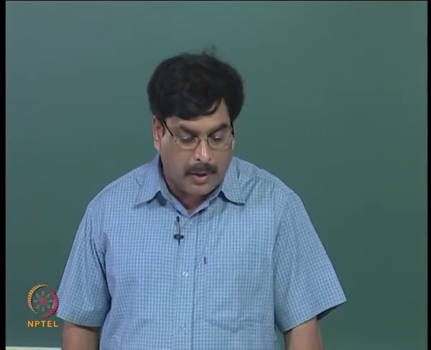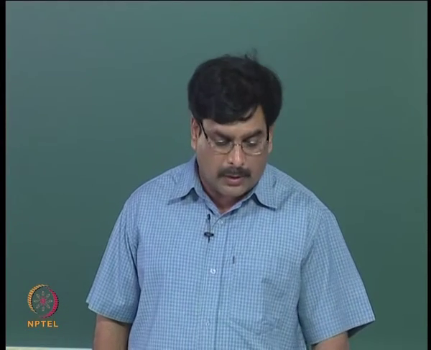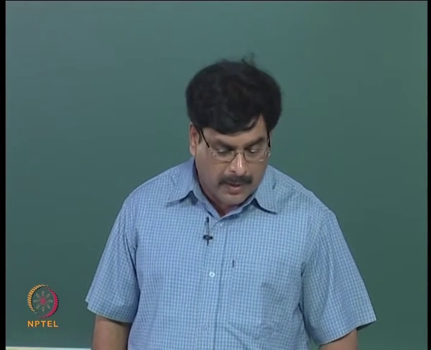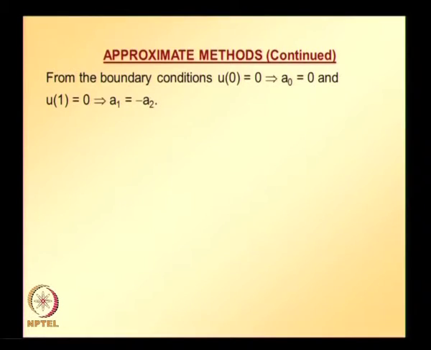We substituted the two essential boundary conditions that are given for this particular problem: u evaluated at x equal to 0 is 0, and u evaluated at x equal to 1 is 0. Substituting this, we can express some of the unknown parameters in terms of others, and some of the values can be evaluated.